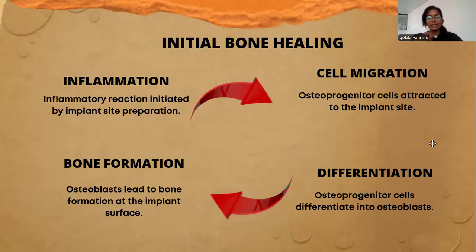So how does healing happen around an implant? As with any healing, inflammation is the first step. After inflammation, blood flow will increase, and then the osteoprogenitor cells will migrate to the osteotomy site, which then differentiate into osteoblast lineage cells, wherein the osteoblasts will form the bone.